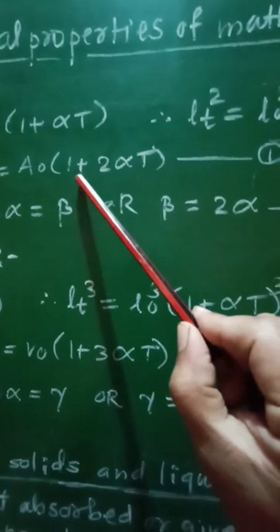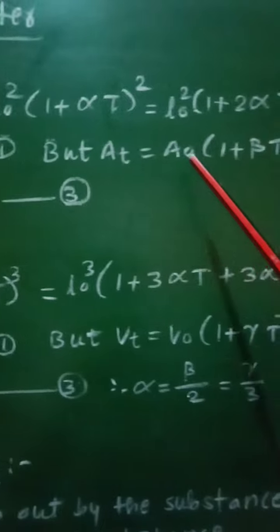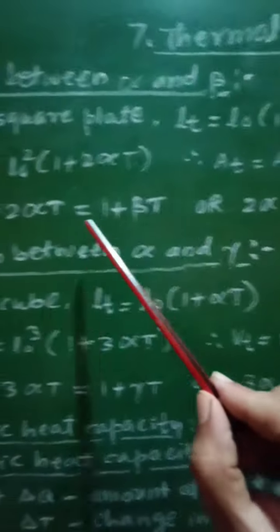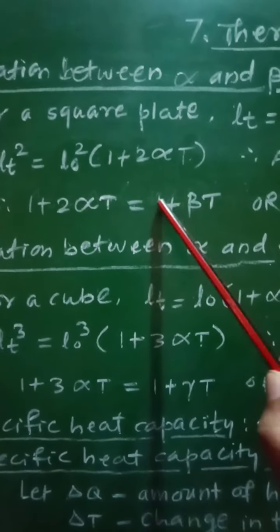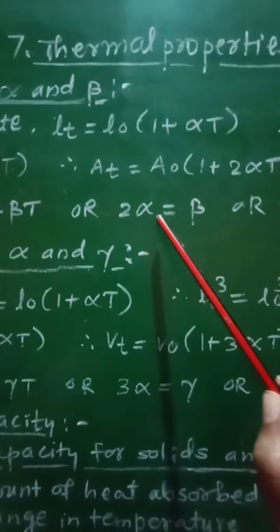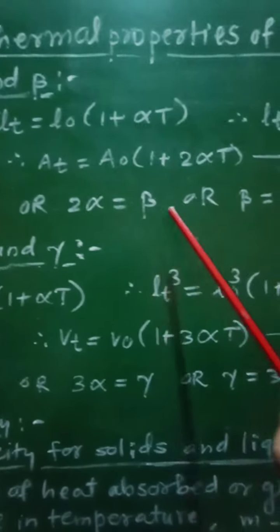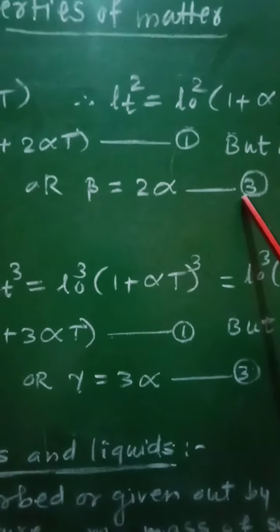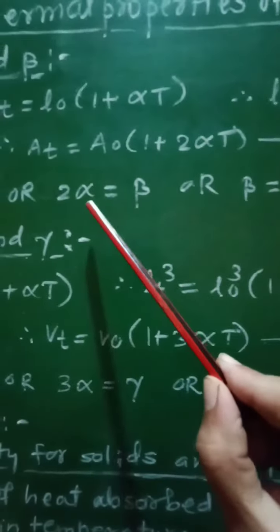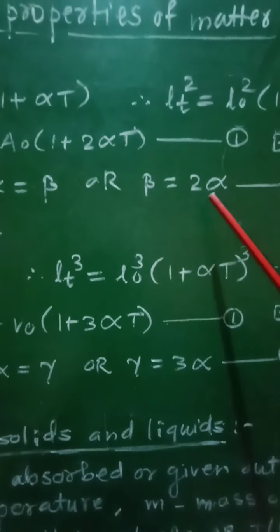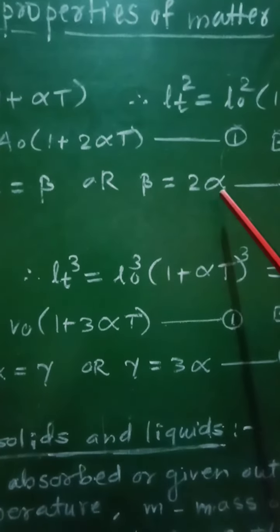Cancelling this 1 as well as T on both sides, we will get 2 alpha is equal to beta, or beta is equal to 2 alpha, equation number 3. So this relation, beta is equal to 2 alpha, is the relation between alpha and beta.